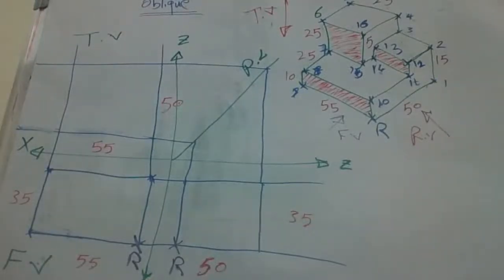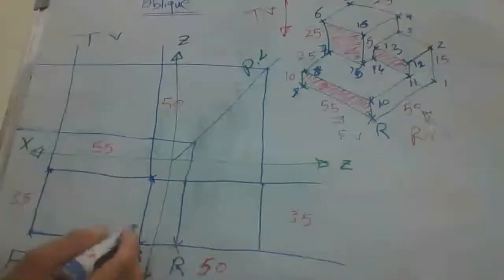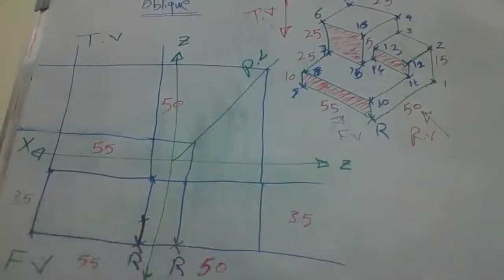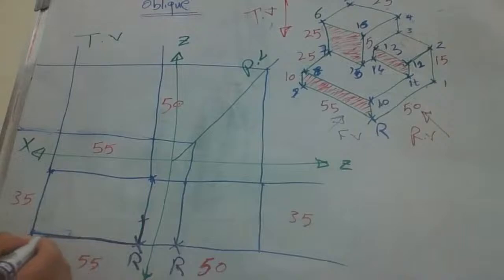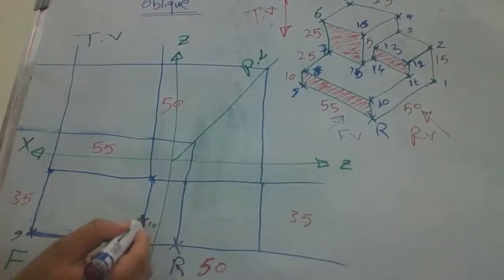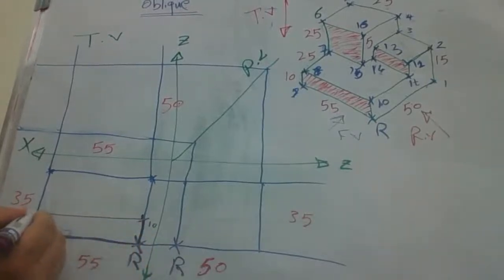So we can draw it R to 10, 10 millimeter. We can draw it 10 millimeter here, and from R to 9, and from point 10 here to 8.